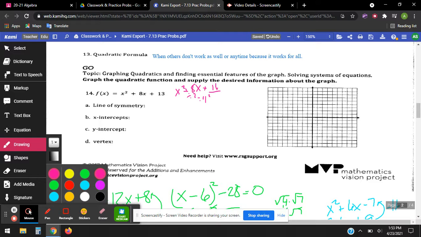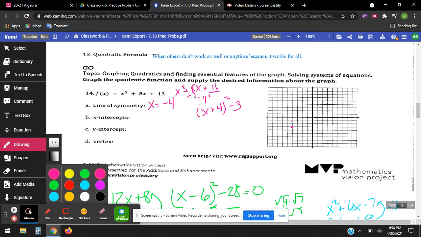So we are going to do (x plus 4) squared minus 3, right? Yes. Okay, so that means my line of symmetry is x equals negative 4, because I'm going to have negative 4 comma negative 3. 1, 2, 3, 4, 1, 2, 3. So there's my vertex.